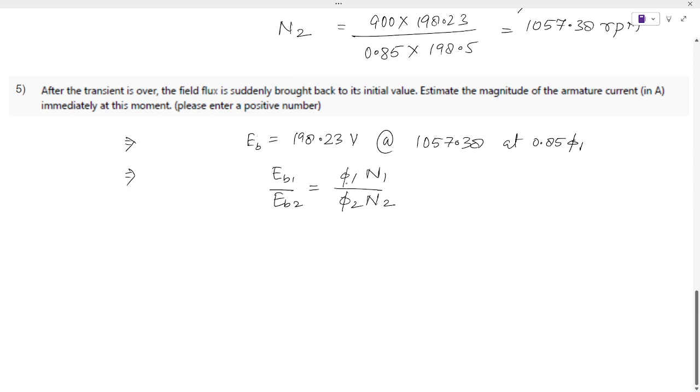Phi 1 in this case is 0.85 phi 1 and final phi is the original value phi 1. N1 in this case is 1057.38. Since it is a mechanical quantity, it will not change immediately.